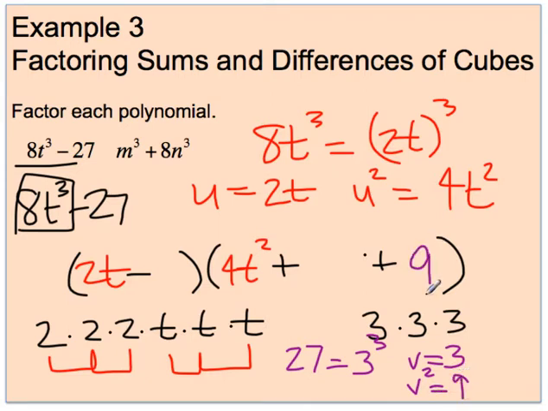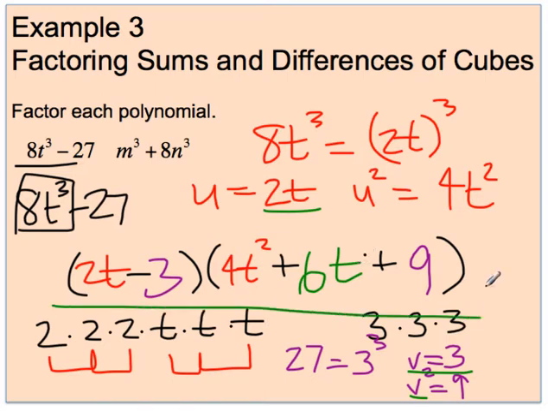So v squared is our final term, and in this case v goes here. And the final piece to remember is we need, in the middle, u times v. So we need 2 times t times 3. 2 times 3 is 6 times t. So here we have built our final answer.